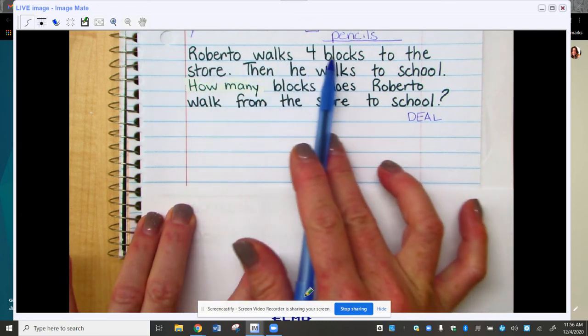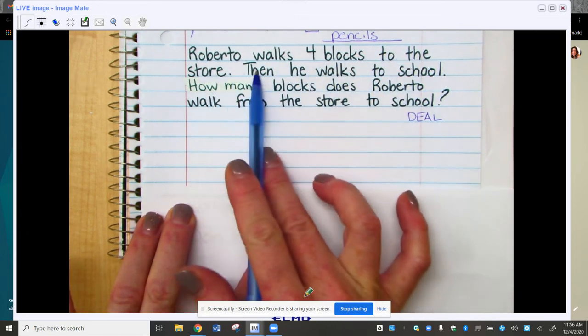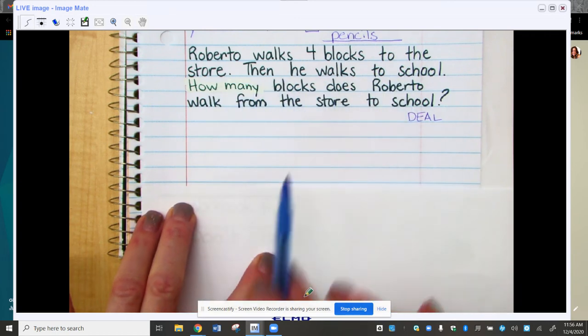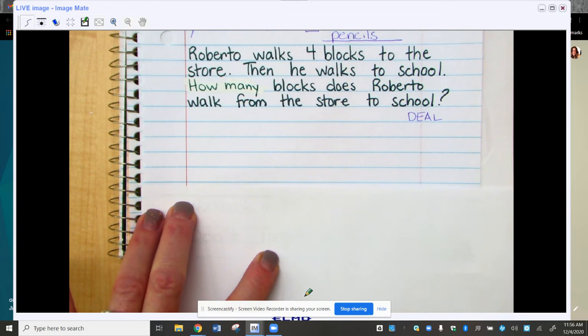Roberto walks 4 blocks to the school. Then he walks to school. And how many blocks does Roberto walk? So let's see here. Oh, you know what? There's a piece of information left out of here, Mrs. Cousins.